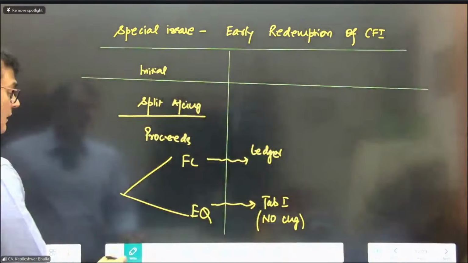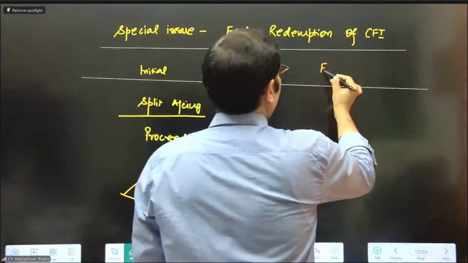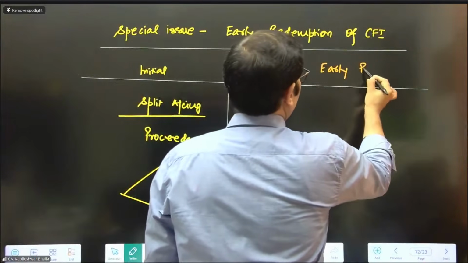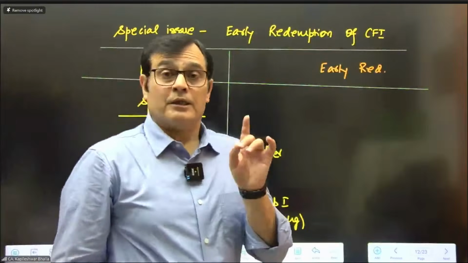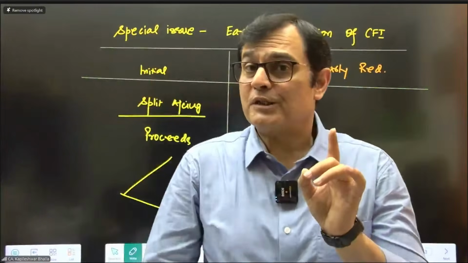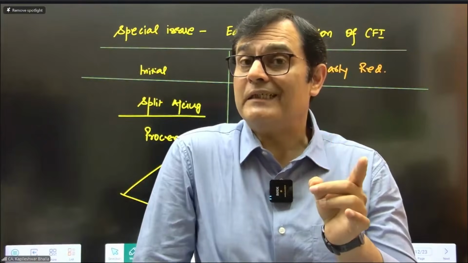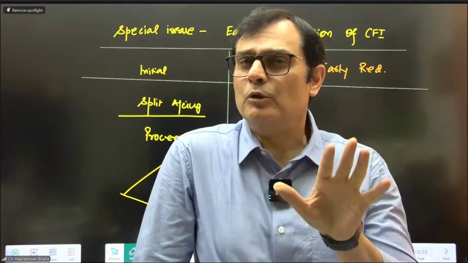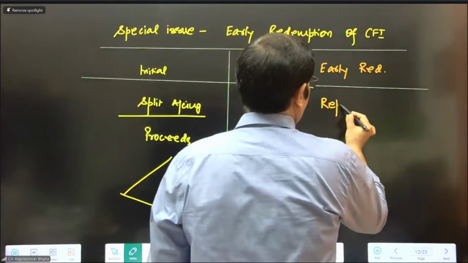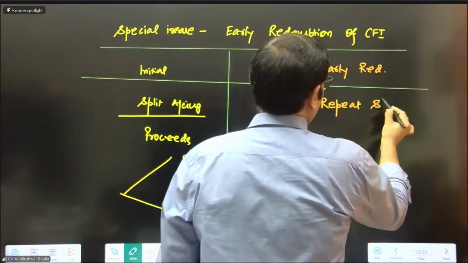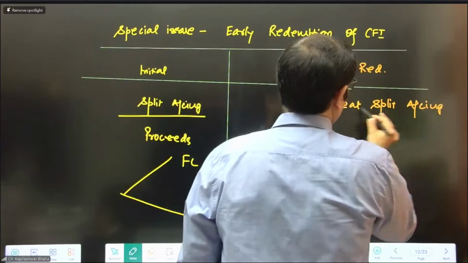Now, what happens when there is an early redemption in this case? You need to again do a split accounting. The day when the early redemption of a CFI takes place, you are required to do again a split accounting. So we repeat a split accounting on the date of early redemption.